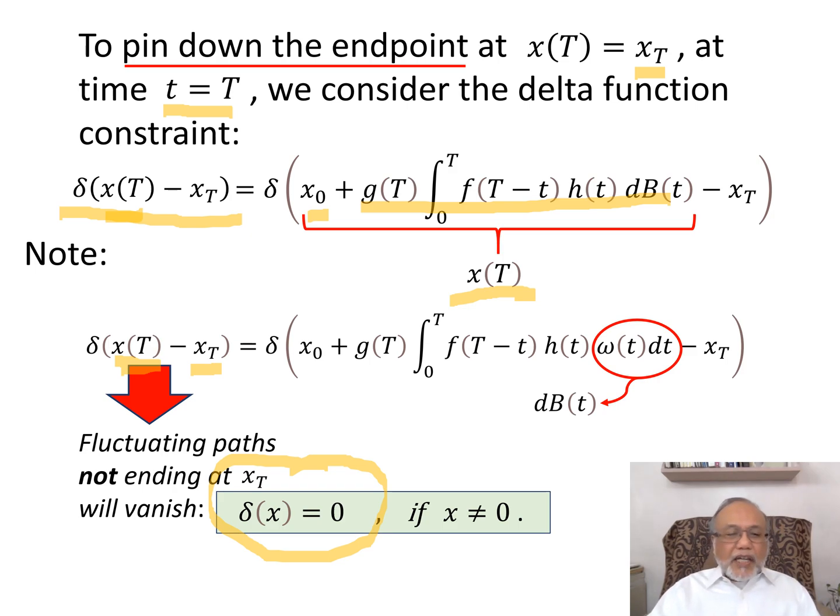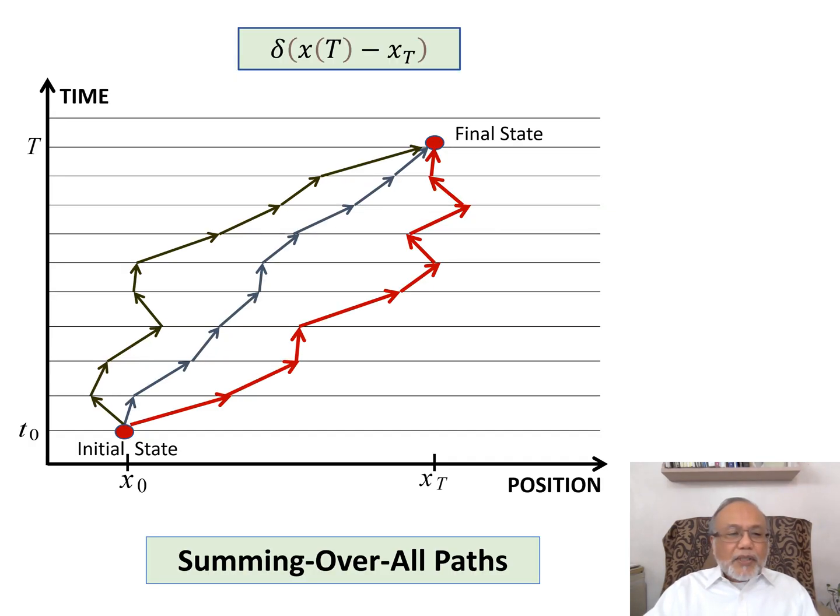So we have constrained our path such that only those which give a non-zero contribution would come into the picture. So we have something like this. Again, we start at t naught, ending at some final time t, and all the other paths which do not satisfy the Dirac delta function, or Donsker delta function, vanish.